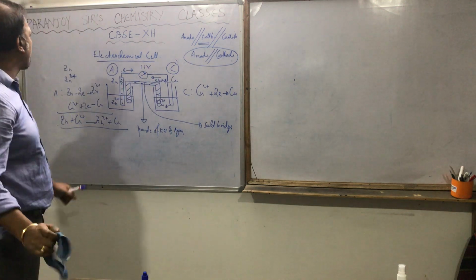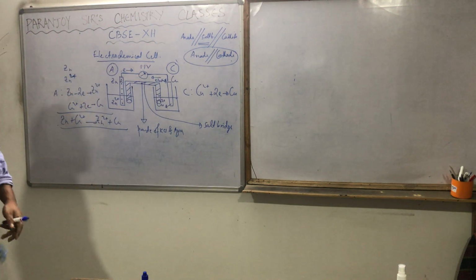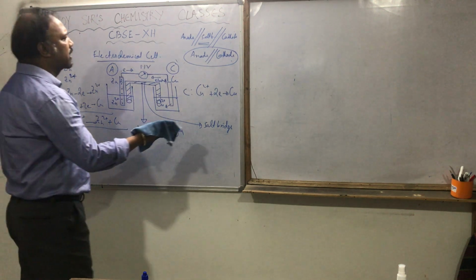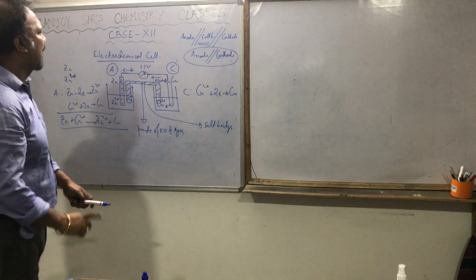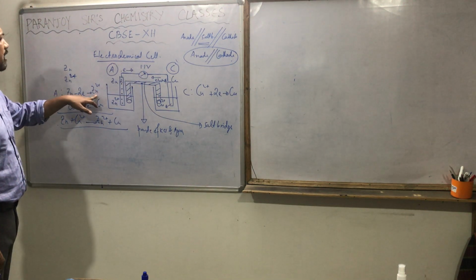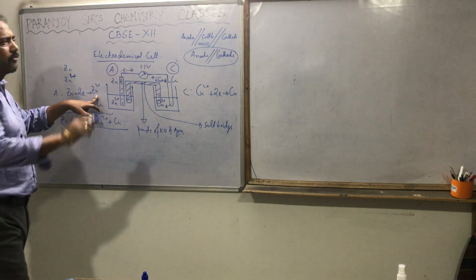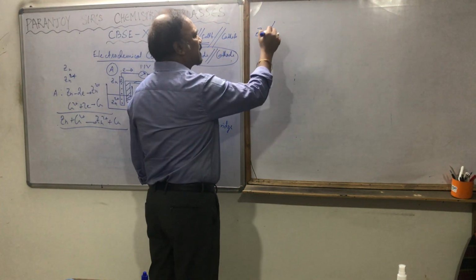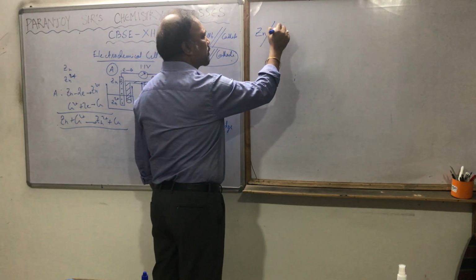Now, reaction means what? Will you write down the whole reaction? No, we are not going to write down the whole reaction. See, it's very simple. What is happening at the anode? At the anode, zinc is converted into Zn2+. We write it like this: Zn slash Zn2+.